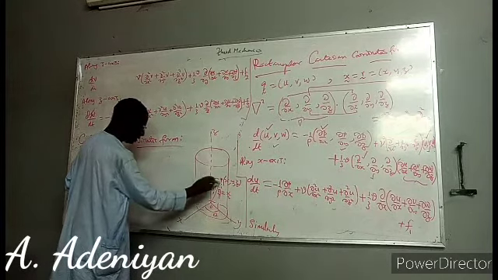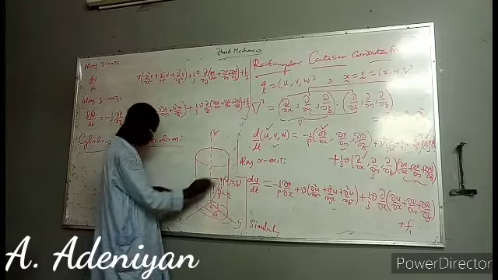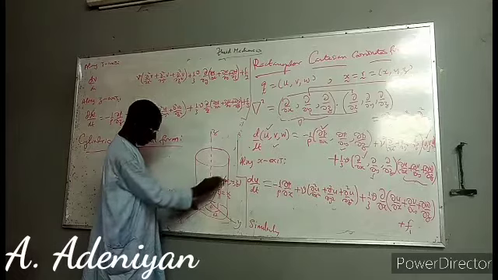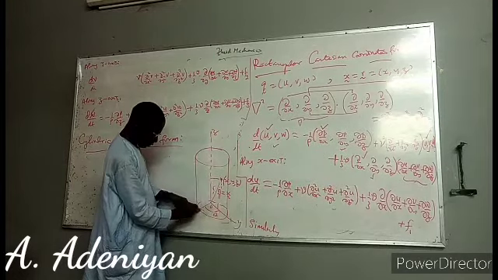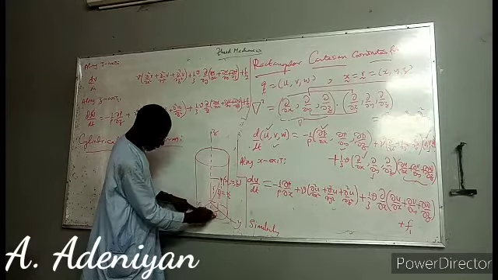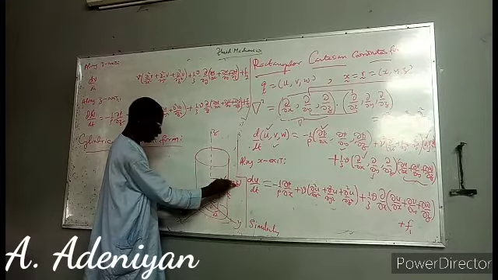To get to this point, you move along the x-axis a distance x, then you move straight to cover a distance y, then you climb up to cover a distance z.